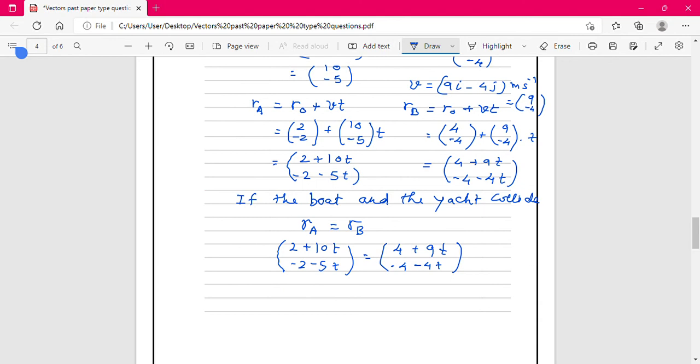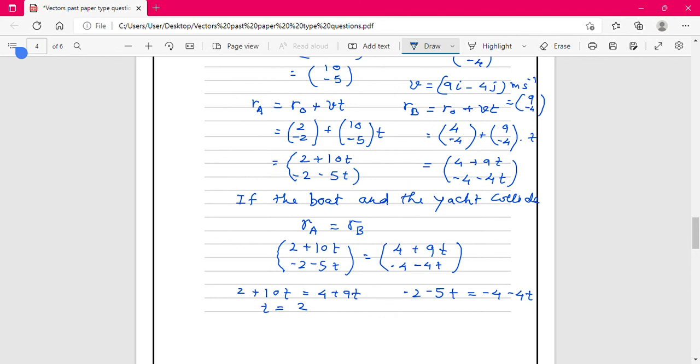So let us see. First let us equate the x components. 2 plus 10t is equal to 4 plus 9t. So 10t minus 9t is t, and 4 minus 2 is 2. Similarly, if I equate the y components, minus 2 minus 5t is minus 4 minus 4t.